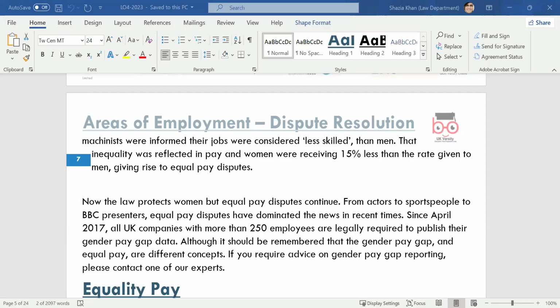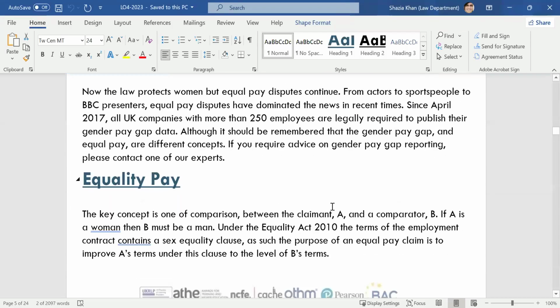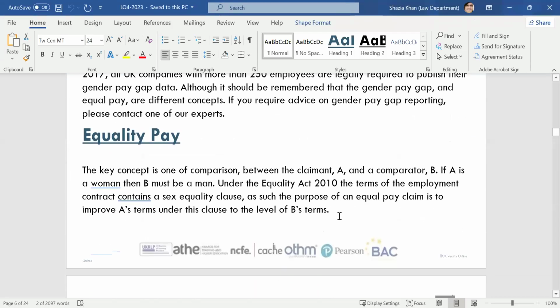In the article on the BBC presenters, equal pay disputes have dominated the news in recent years. Since 2017, all UK companies with more than 250 employees are legally required to publish their gender pay gap. So it's really important that, even if it's a man or a woman, if they're doing the same job, they should be paid the same, not discriminated against.